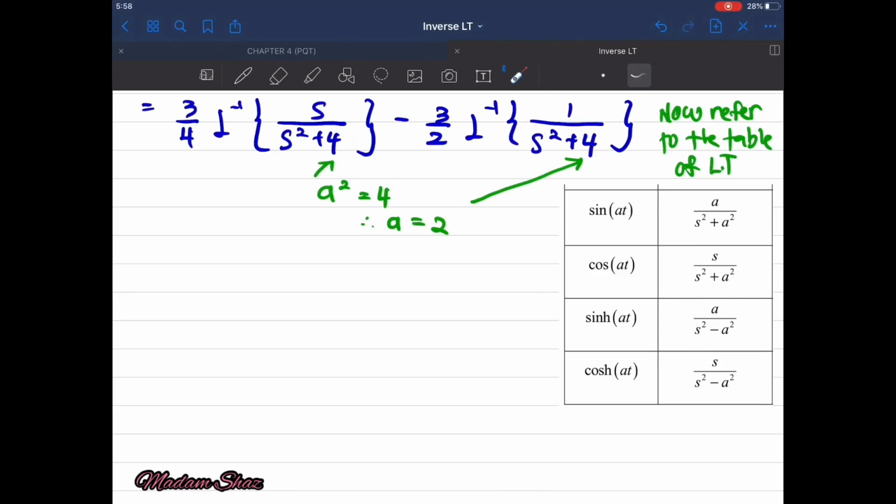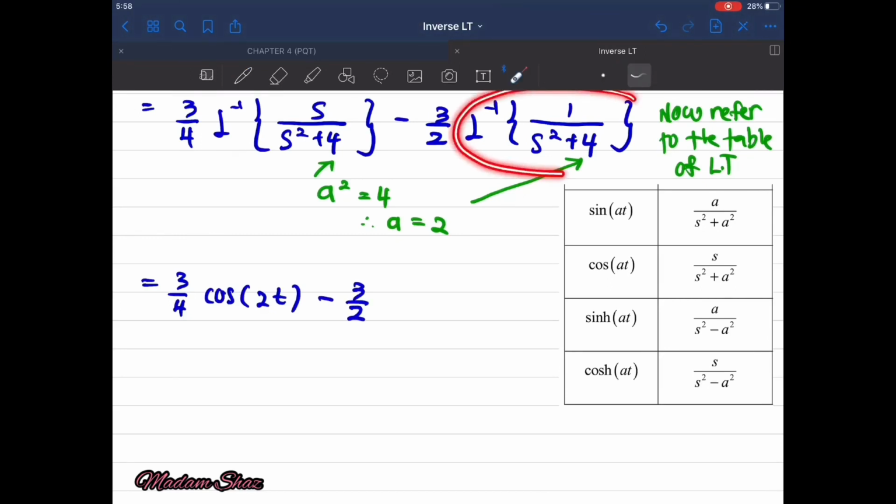So now write the answer based on the table of the Laplace transform. Laplace inverse s over s square plus 4 will become cos of at. So substitute our a is equal to 2. 3 over 4 cos of 2t minus 3 over 2.